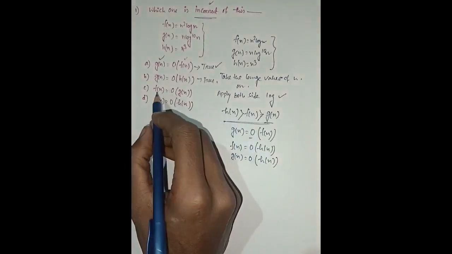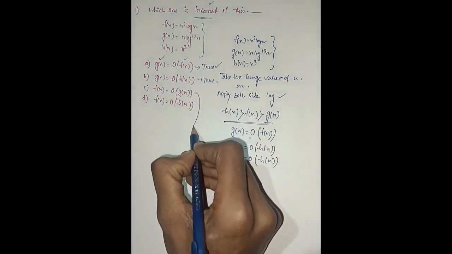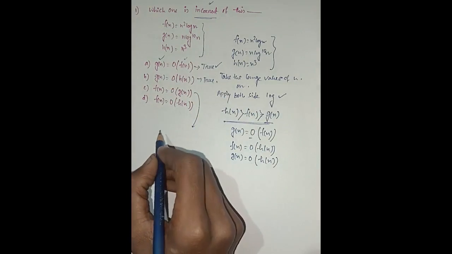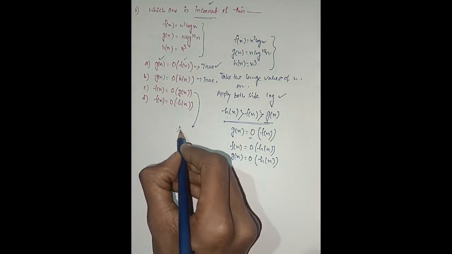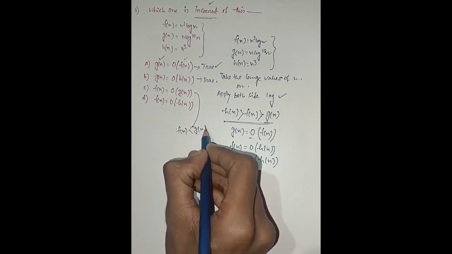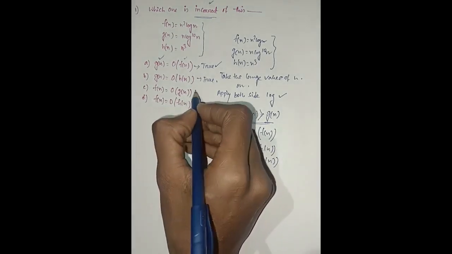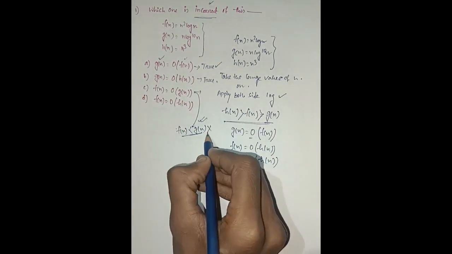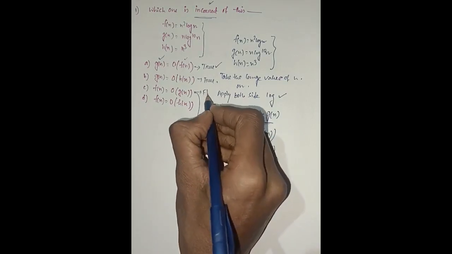Option C says f of n is equal to big O of g of n. This would mean f of n is smaller than g of n, but that is not true, because f of n is larger than g of n. So this option is false.